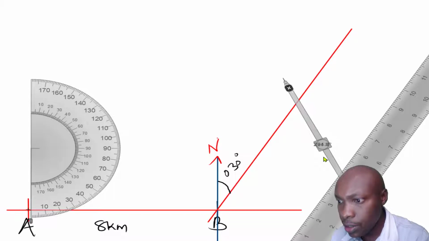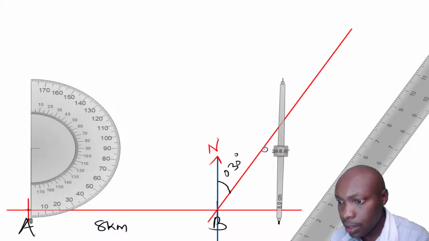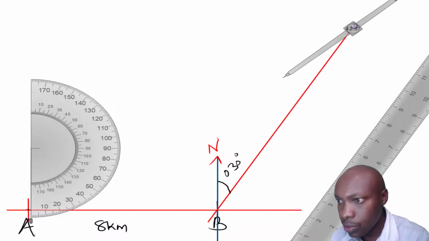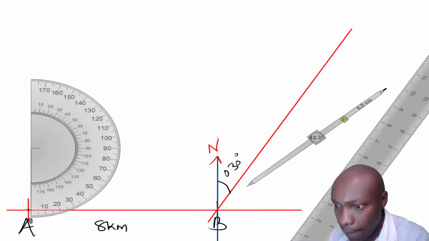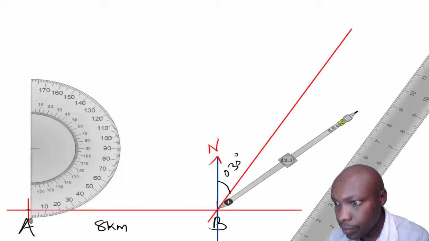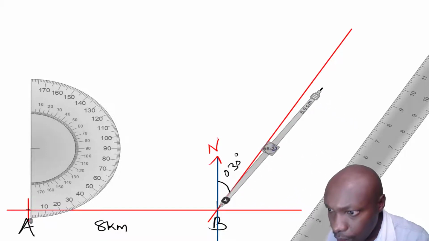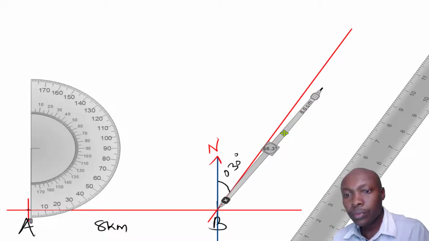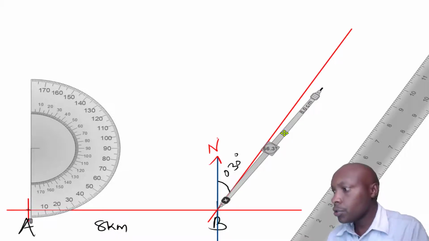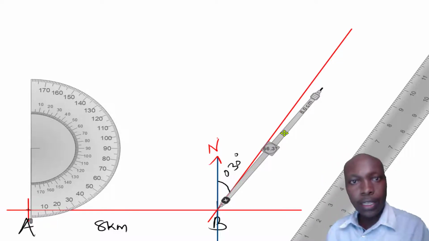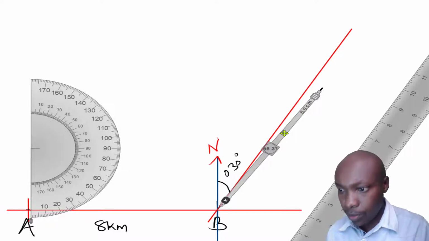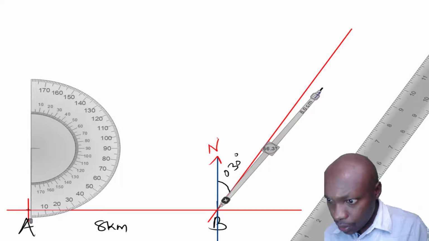Mine is already taken care of here, so I don't need to measure. I want to stand here at B. Standing at B, the measurement I should take is 6 kilometers.